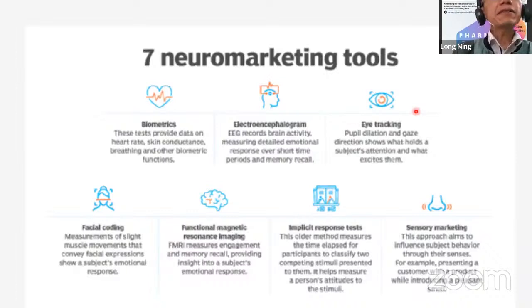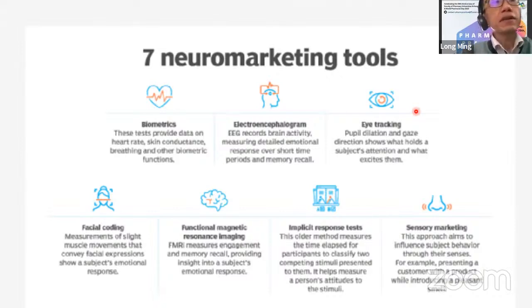So there are 7 neuromarketing tools mentioned here. For example, biometrics, measuring the heart rate, the breathing, and the skin conductance to see how participants respond to different stimuli, advertising, or products.